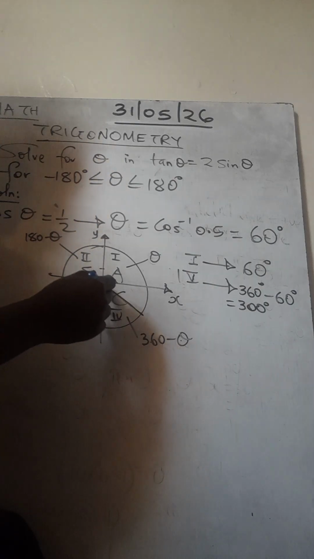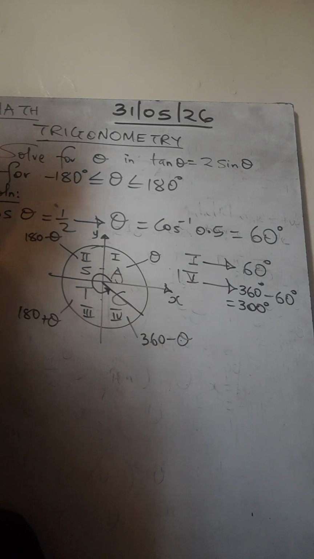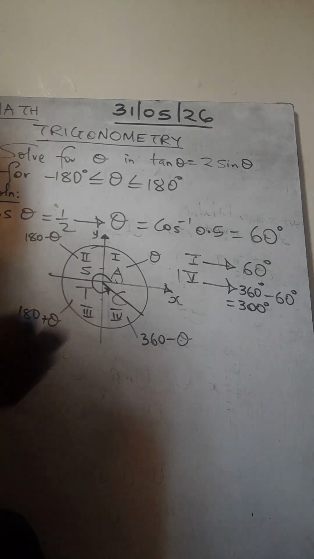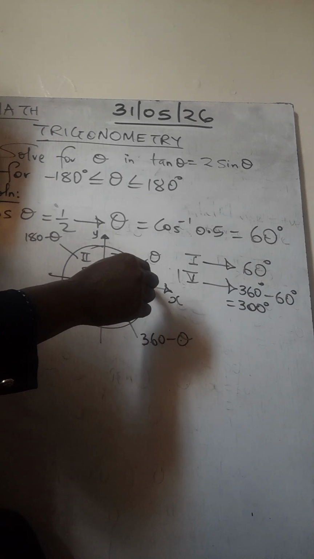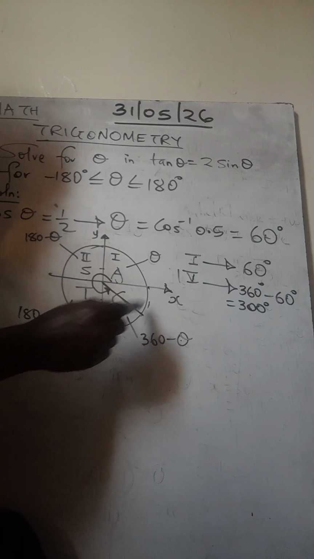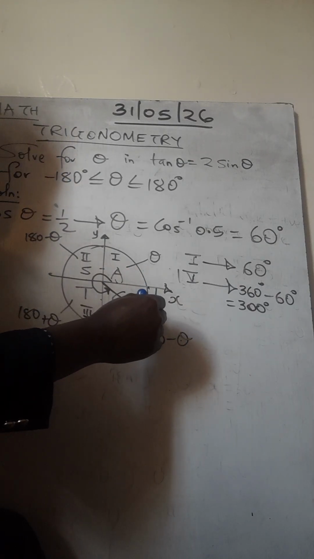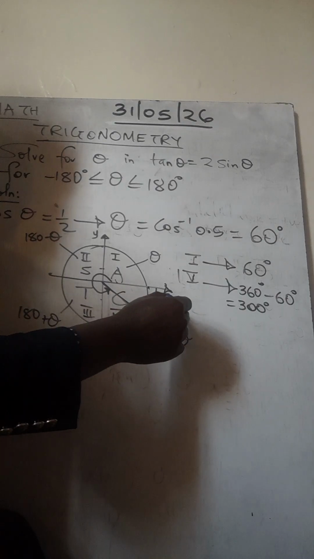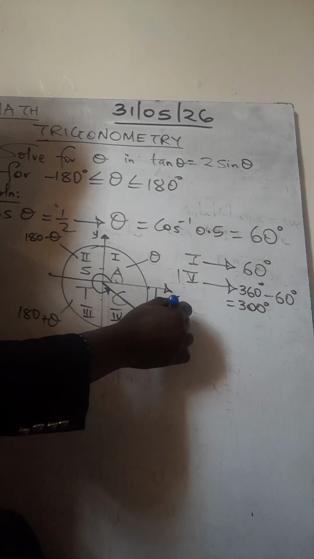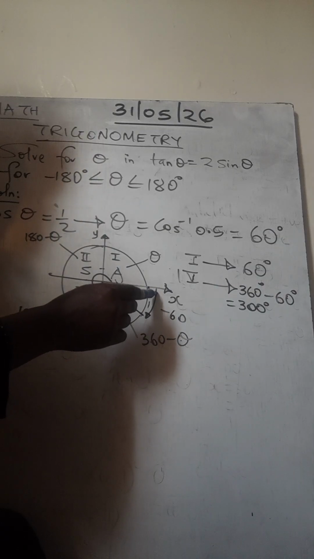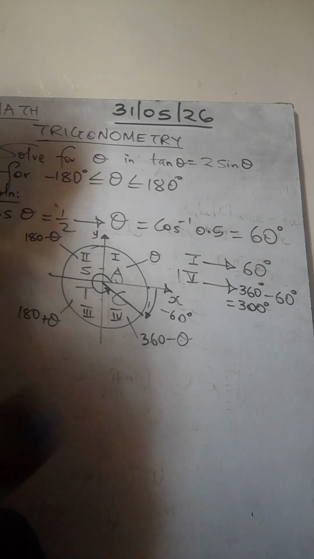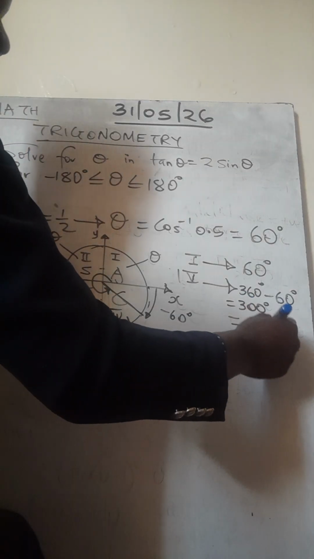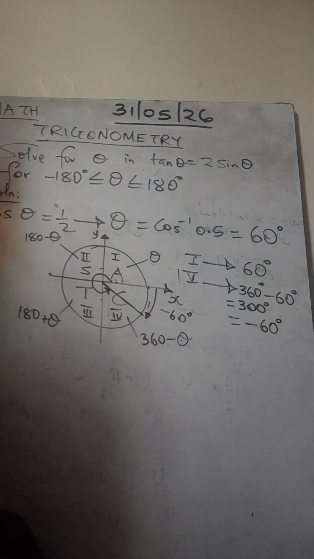So to get the equivalent angle, we can start from here and measure this angle clockwise up to where we have positive 300. When we come this way, we are going to cover an angle of negative 60. From 0 backwards this way up to this point, we are going to cover negative 360. So the equivalent angle is negative 60.